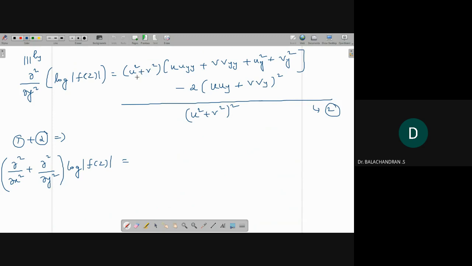Similarly I have u square plus v square, here also I have 4 terms, so that's why I took u square plus v square commonly. So 4 plus 4, 8 terms.